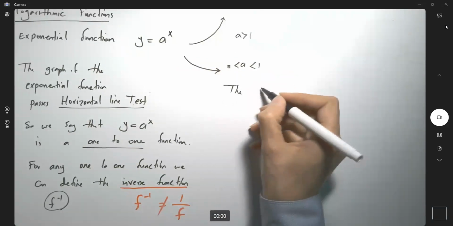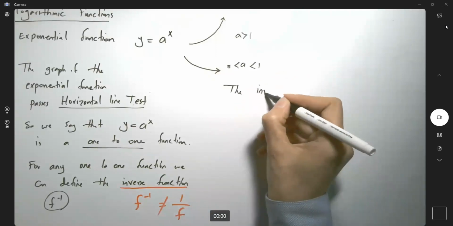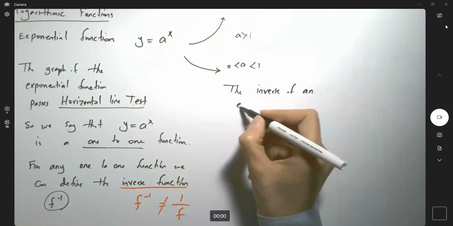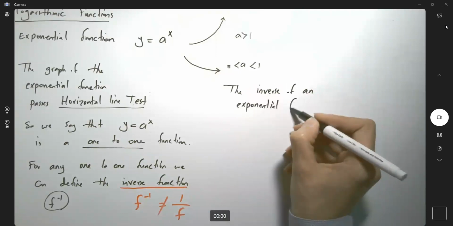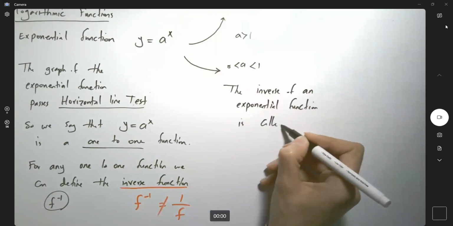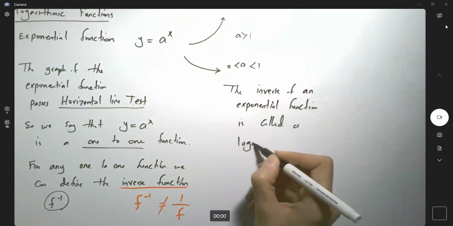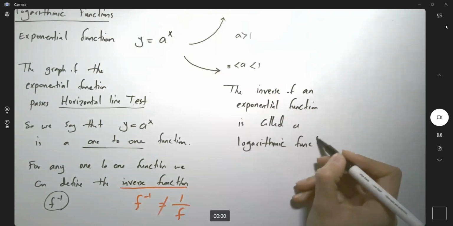The inverse of an exponential function is called a logarithmic function.